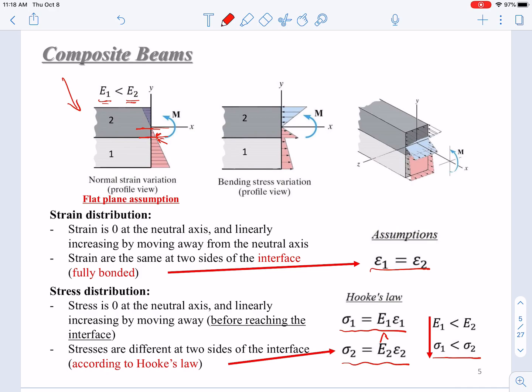The stress is 0 at the neutral axis, which is valid because the strain is 0. Strain times any modulus of elasticity will be 0. The stress is 0 at the neutral axis and increases linearly moving away from it before reaching the interface. Stresses are different at two sides of the interface according to Hooke's law, as we just explained. So keep this in mind.